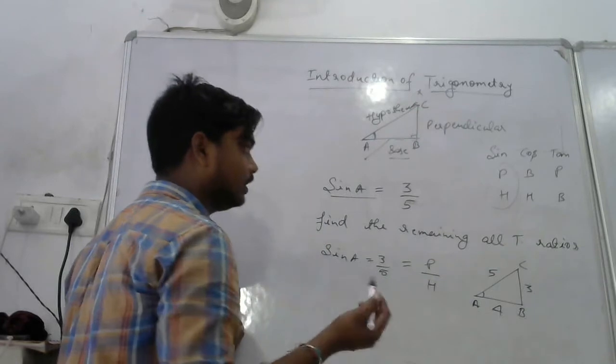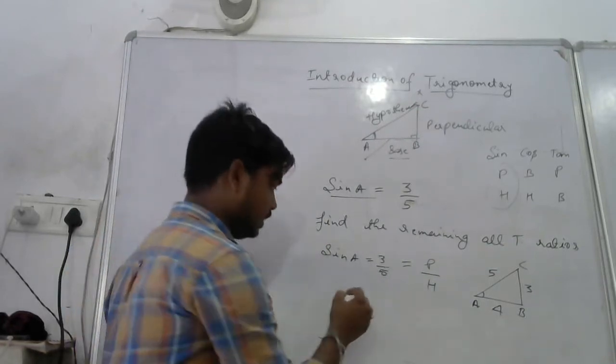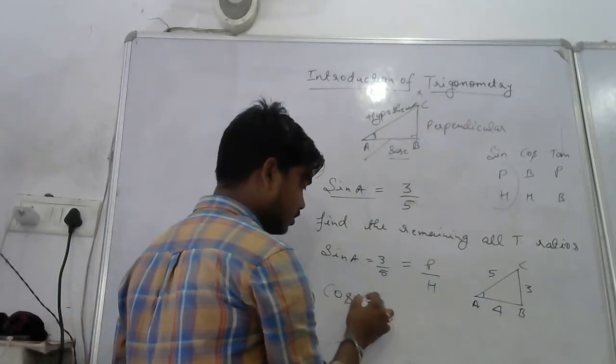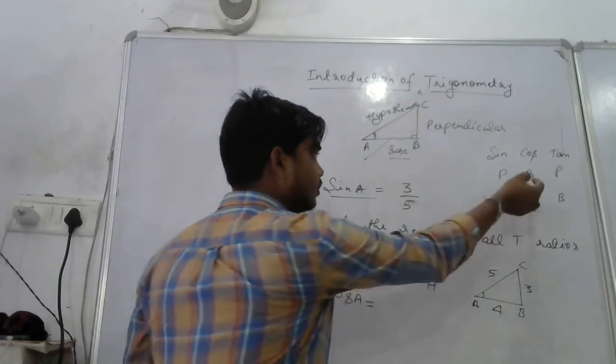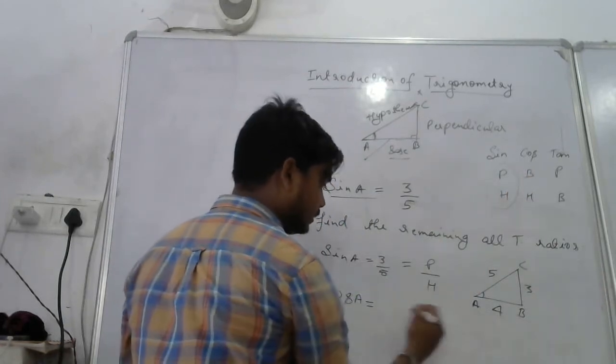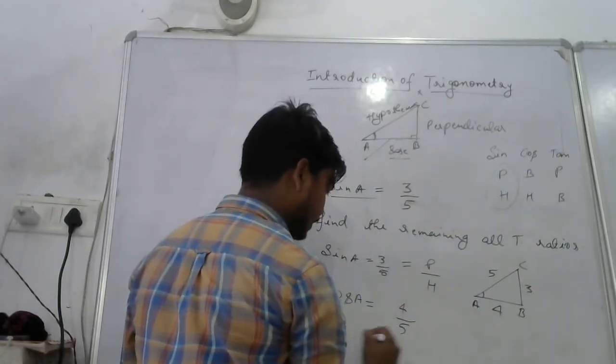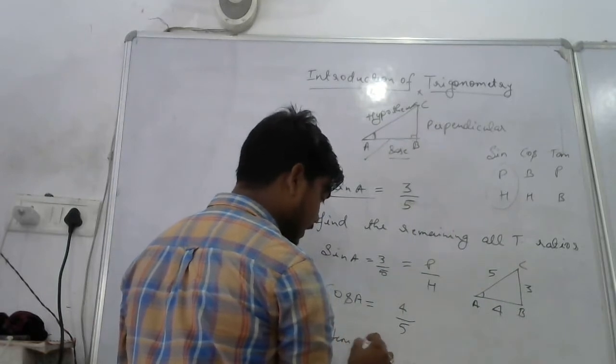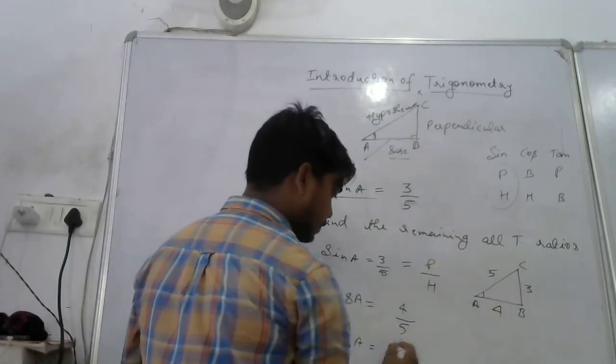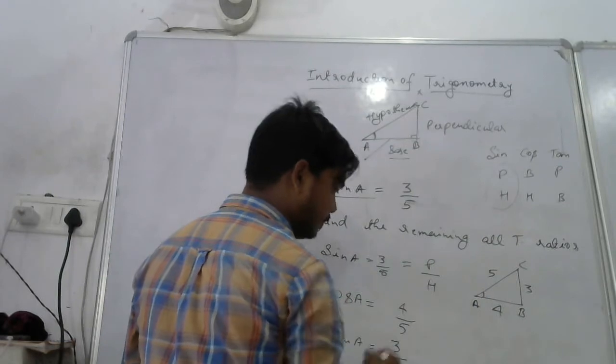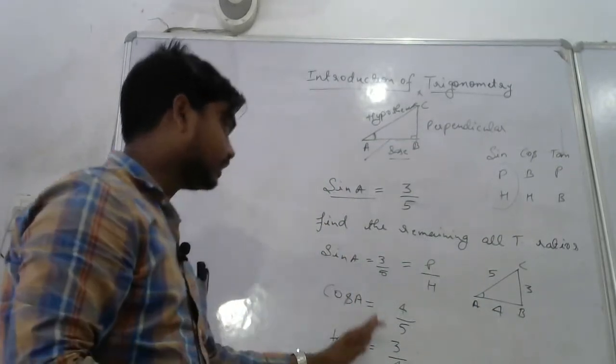Now the remaining ratios: cos A is base upon hypotenuse, here base is 4 and hypotenuse is 5. Similarly, tan A is perpendicular upon base, 3 by 4. These are three trigonometric ratios.